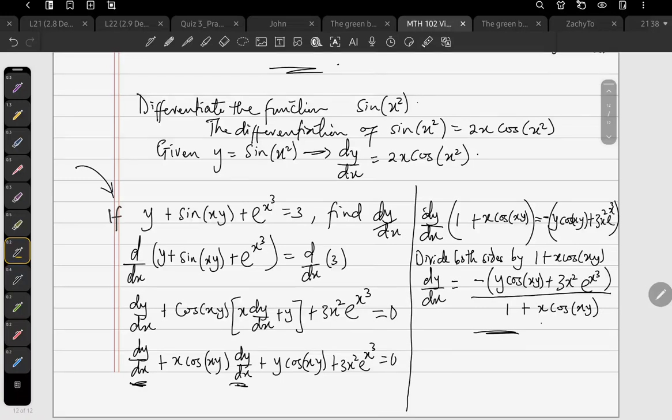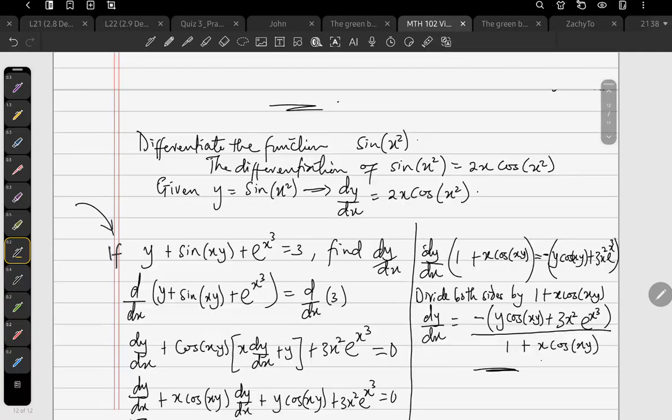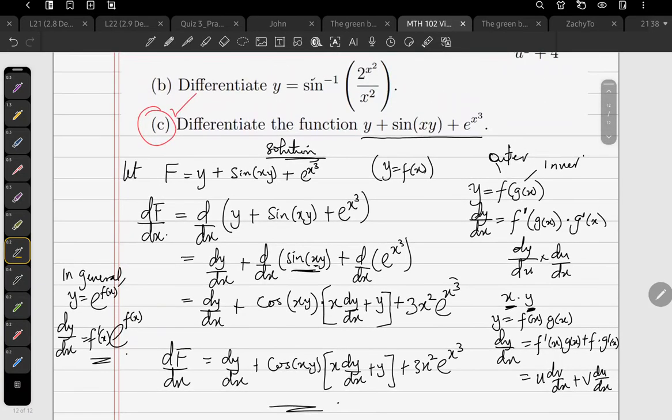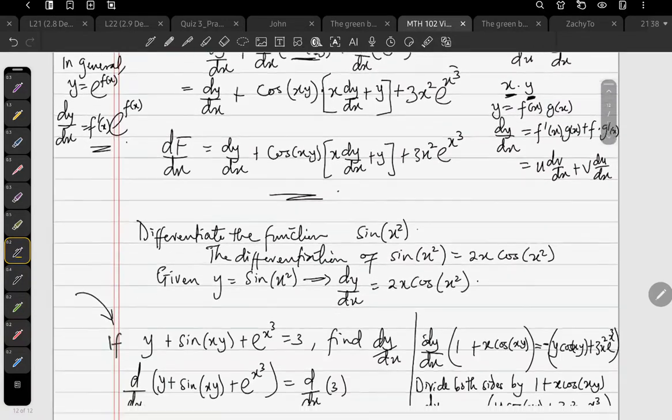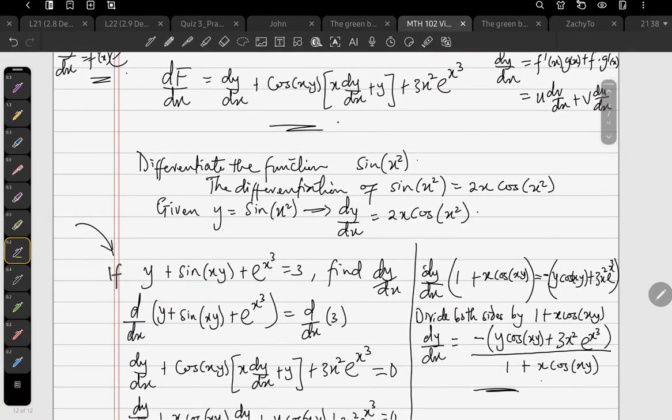So you should notice the difference between the two questions. The first question is just differentiate this function. The second one is you're given an equation, given y plus sine xy plus e to the x cubed equals 3, find dy/dx. There is already an equation here, so we can find dy/dx.